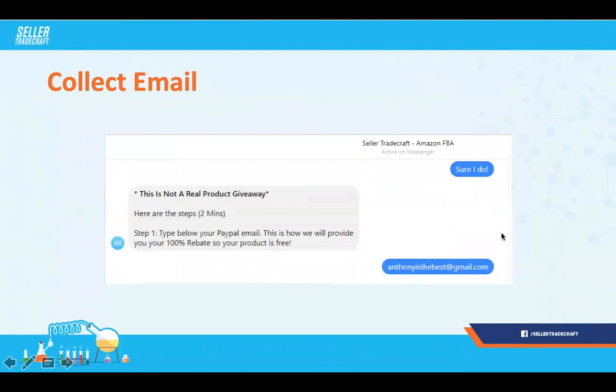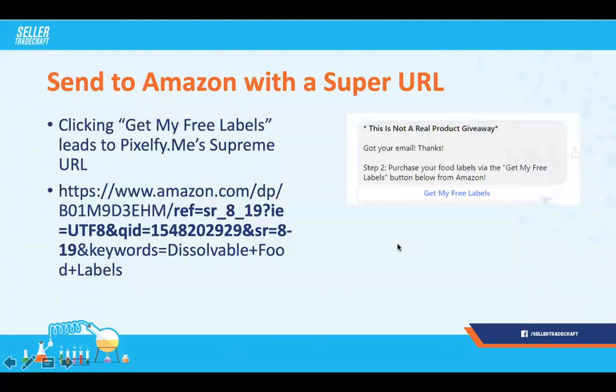So you can use it for future marketing purposes, build a custom audience, build a lookalike audience off of that, right? As a marketer, you know how important assets such as email are. And in addition to that, after they enter in their email, a message will pop up from the ManyChat bot saying, got your email, thanks. Purchase your food labels via the get my free labels button below, right? And then the button is right here.